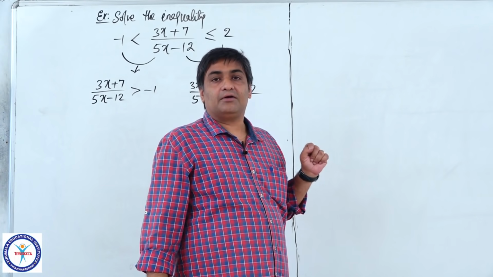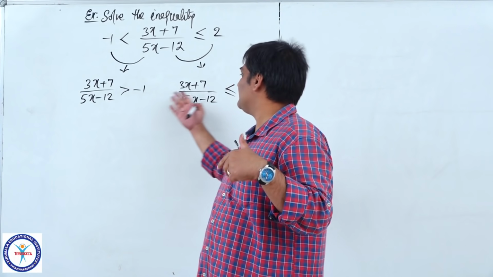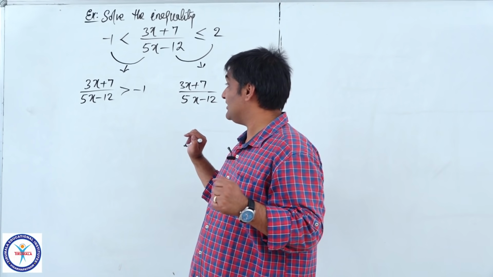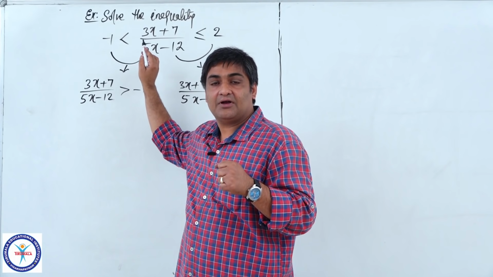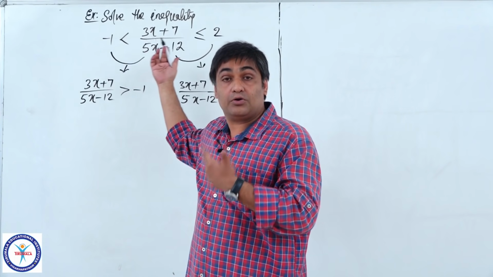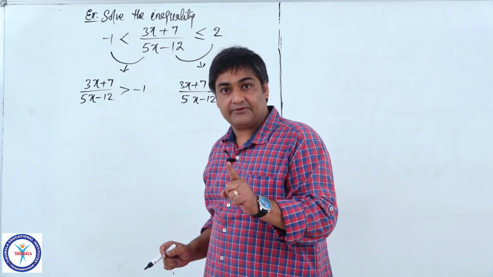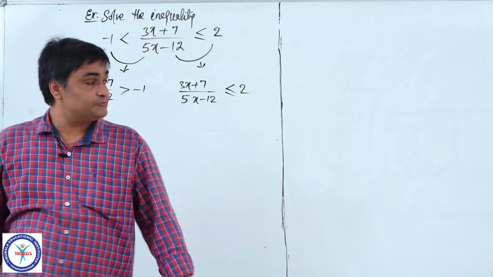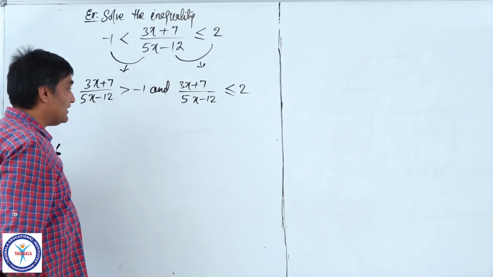Both are necessary. No, here both are necessary because this expression is greater than minus 1. It does not mean this expression can be equal to 100 or 200. Greater than minus 1 as well as less than or equal to 2.